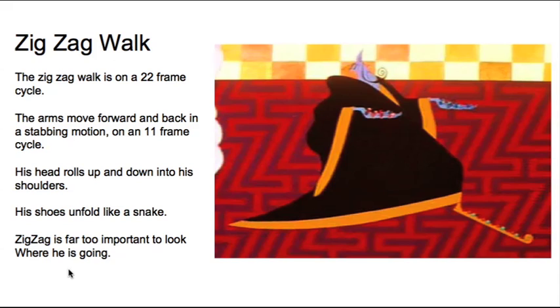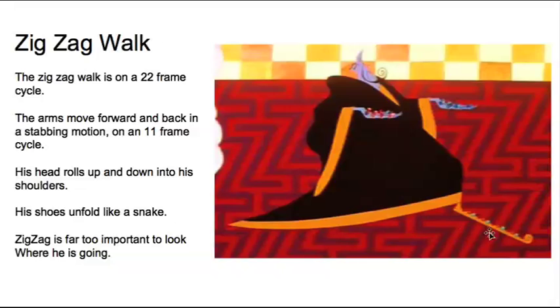Well worth checking out. It was on a 22-frame cycle, very, very slow walk. But his arms are kind of moving forward in a stabbing motion on an 11-frame cycle. So there's two motions on his arms and hands for every cycle on the feet, which gives him a sort of creepy, rather bizarre feeling. His head is kind of rolling up and down in his body, which also makes him feel very peculiar.